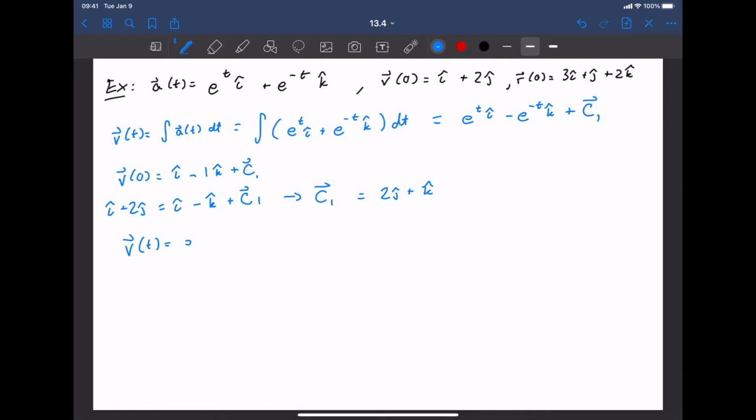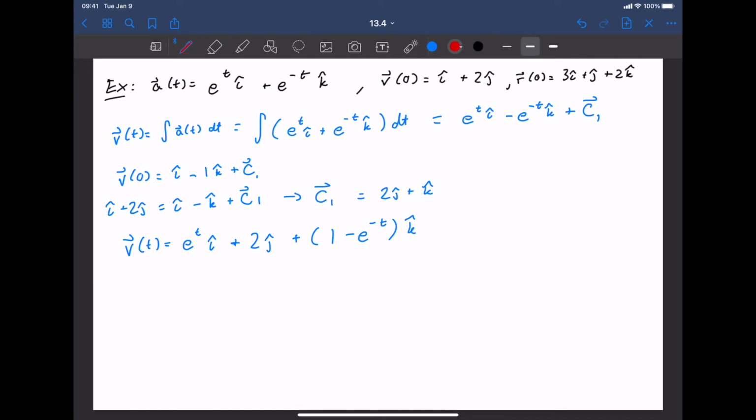It should probably look like e to the t in the i direction, because nothing got added there, plus 2 in the j direction, because there was no j component before, and then plus 1 minus e to the negative t in the k direction. And now there's no plus c1 because we just plugged that in. We have a plus here because it just makes it easier. That negative sign's grouped there. It's really helpful if you group things like this when you have to integrate again.